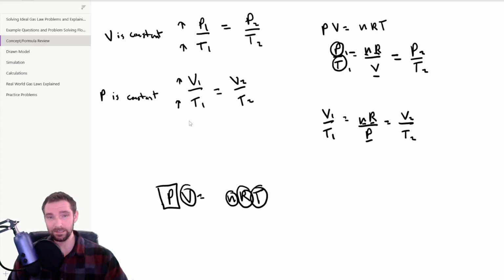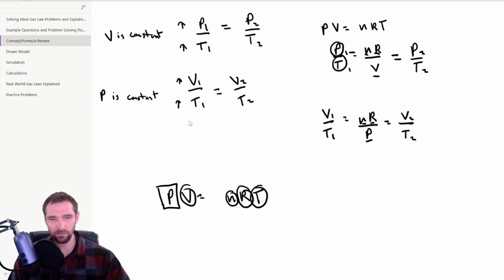That's always the case. And so these problems are either going to give you everything besides one variable, or it's two different time periods that you've got to make a comparison about. So that's what these problems are trying to get you to do.